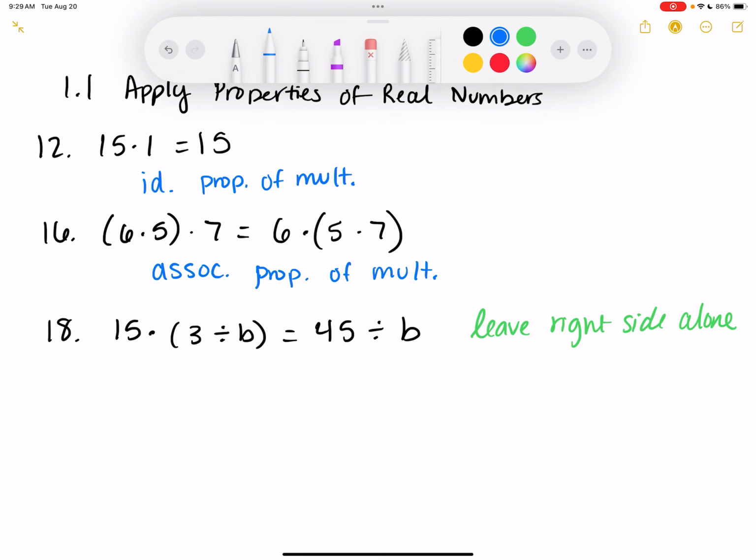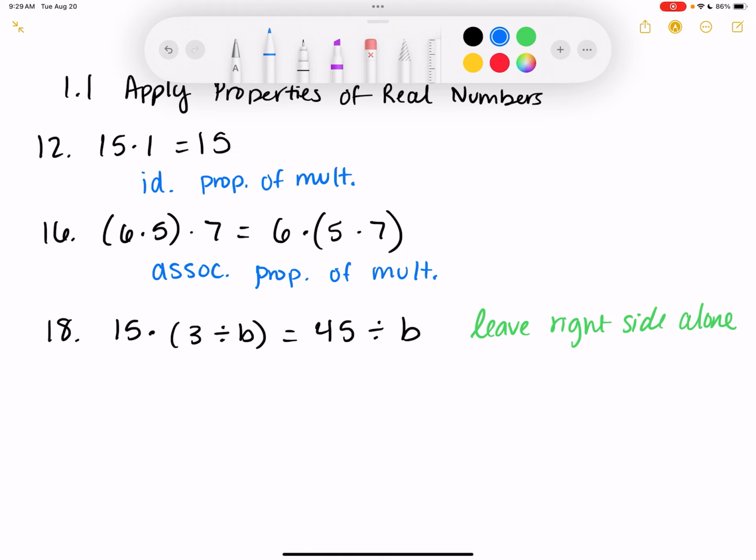Okay, so the first step, and things have to be done in a certain way or they're not correct. I'm not saying that there's not sometimes multiple ways that it can be done, but sometimes people just like to jump and say move the parentheses to the 15 times the 3 and leave the divided by b where it is. That's not something mathematically that we can do. We don't have an associative property of division.